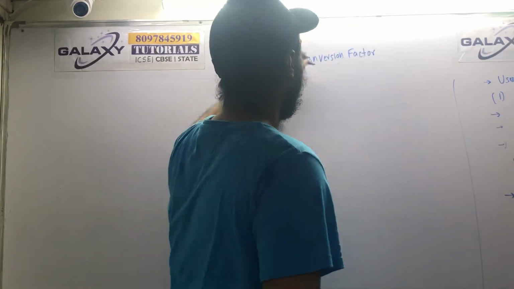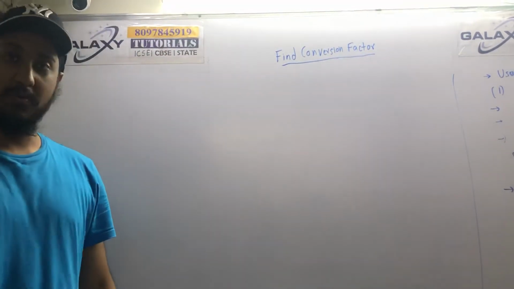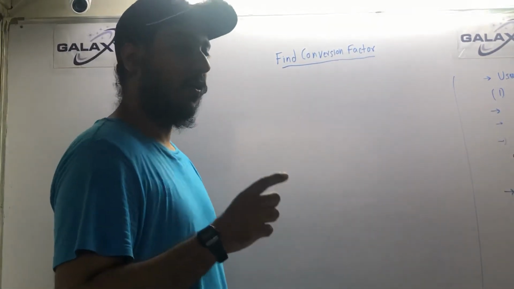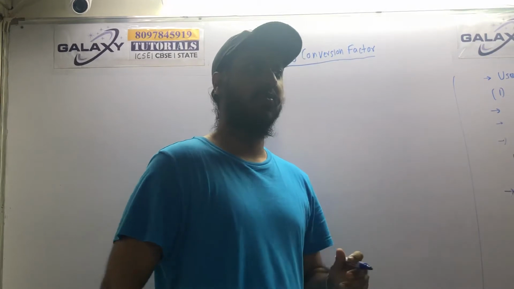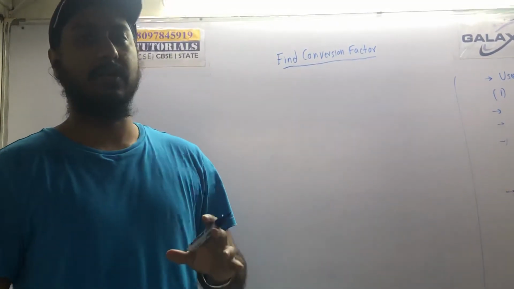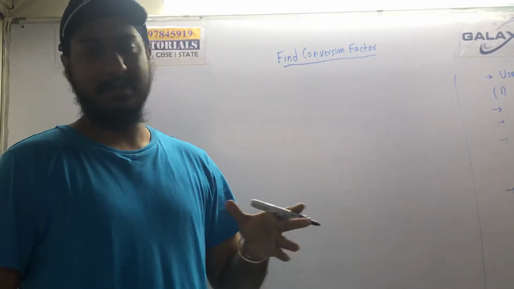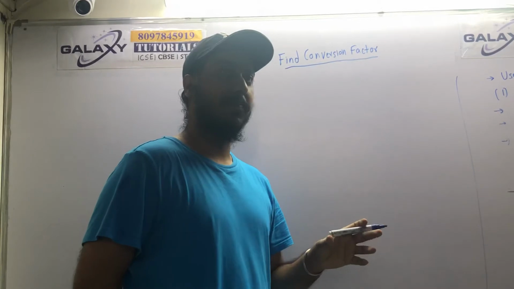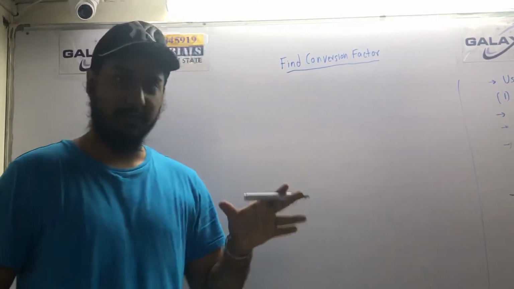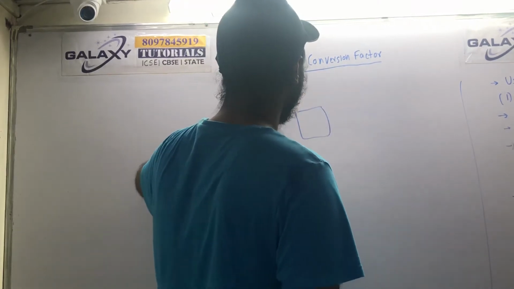I will give you an example. Say you want to find force. Force needs two quantities, mass and acceleration. Now, for example, there are two forces.